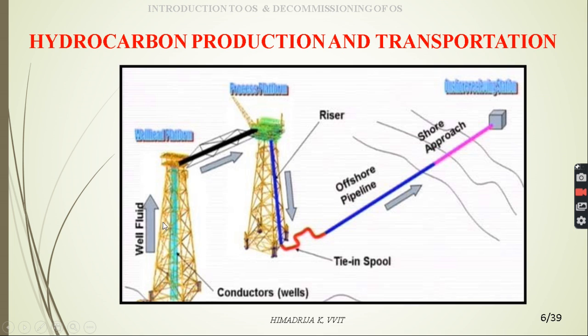So here is a diagram showing offshore structures and the transmission of energies. This is an offshore structure which is mostly used for the protection of rigs, and from these rigs the hydrocarbon components are taken out, and the initial refining work is done on this offshore structure itself.